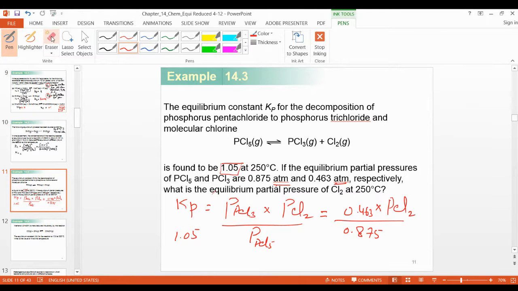So I will just revert this. If you calculate PCl2, you will write Kp 1.05 multiplied by 0.875.